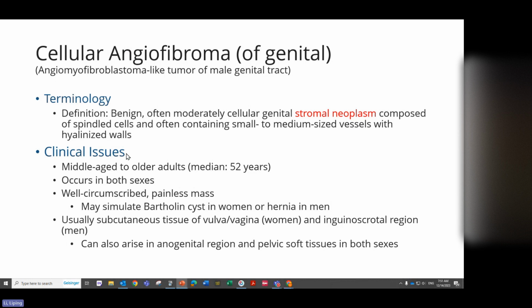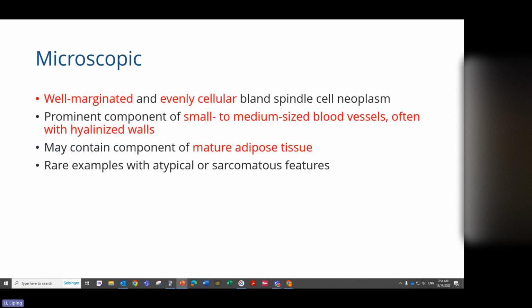For the clinical picture of this entity, it occurs in middle age to older adults, in both females and males, usually as a well circumscribed, painless mass. For the microscopic features, as I mentioned, the lesion is hypercellular.